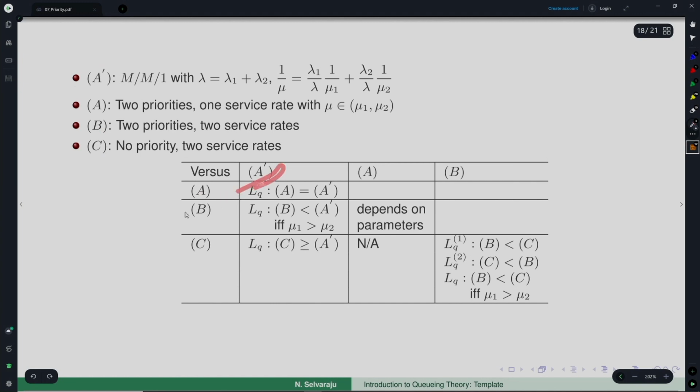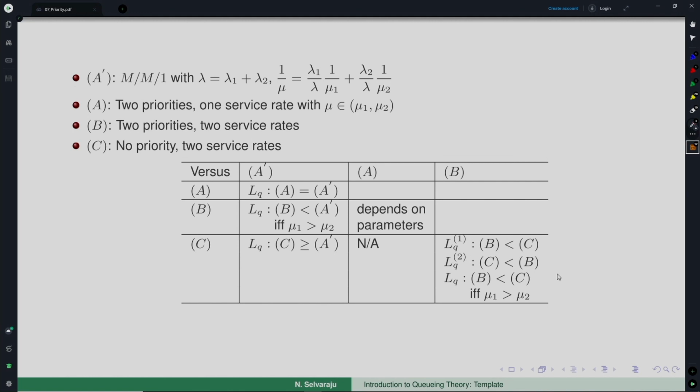In this case, A and A dash will have the same LQ, and we compare B and A dash, B and A, C and A dash, C and B, and so on. So, this is the summary of the comparisons that one can make with respect to these priority models.